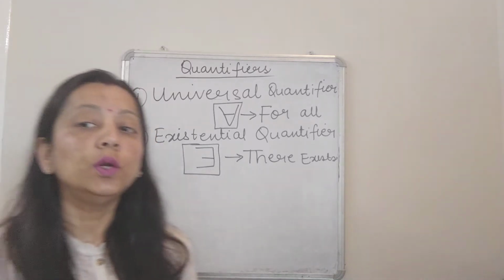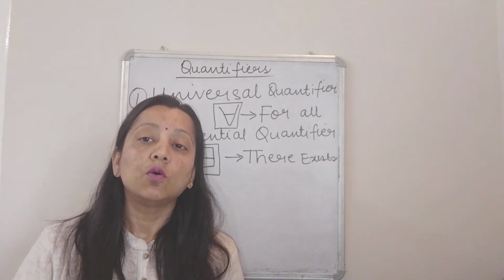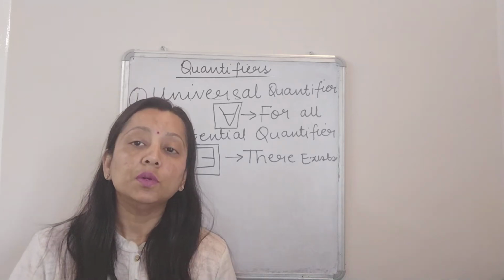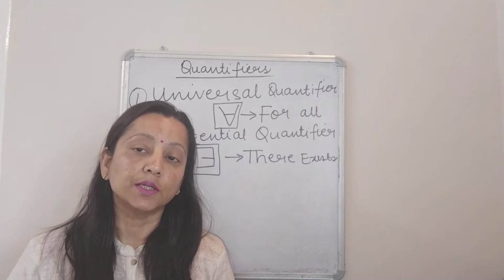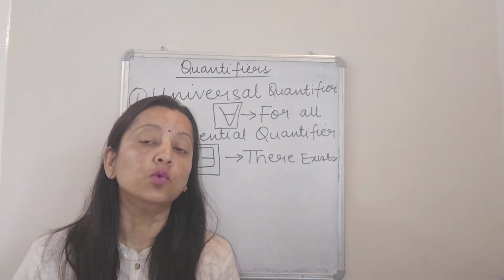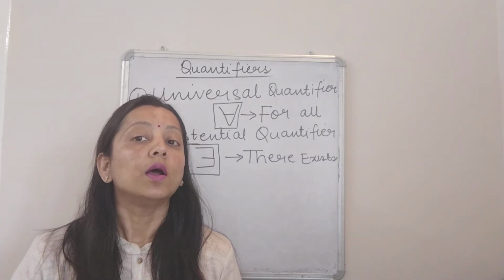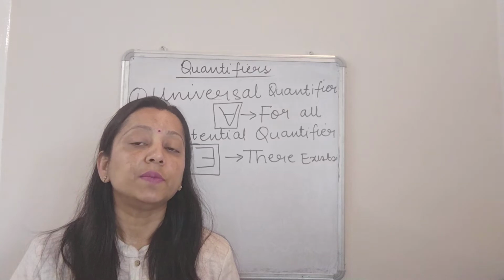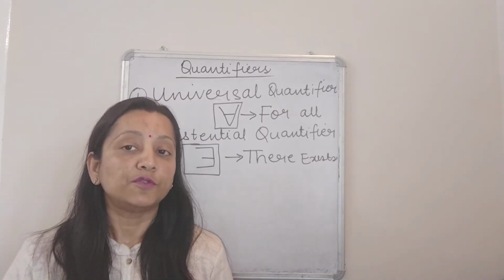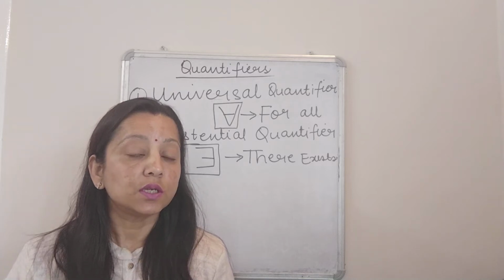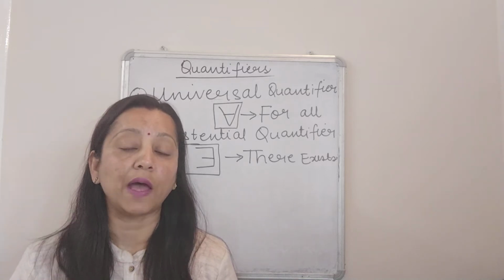Now the rule here is that using a quantifier, if you are able to prove that a certain propositional statement is true, that means the propositional statement has the truth value true. Here we have to keep in mind that we are not just concerned about a fixed truth value.